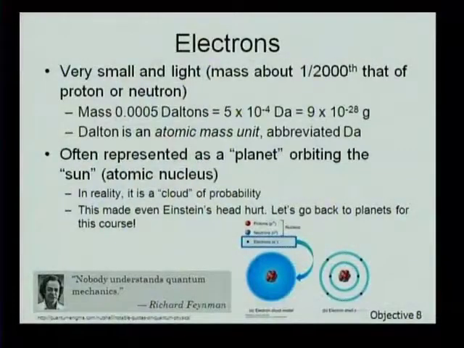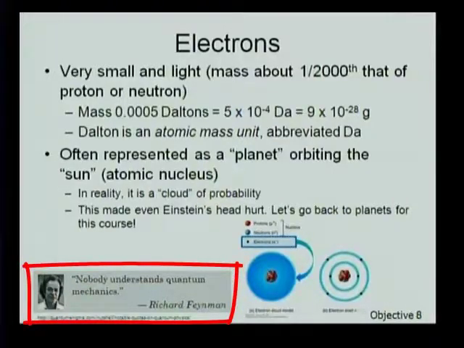As I said earlier, we're going to use the planetary model in this course. In reality, we need to remember that it's a cloud of probability. Even people that are pretty smart, like Albert Einstein, Richard Feynman, struggled with this concept. Richard Feynman said, and that's the quote you see under here, that nobody understands quantum mechanics.